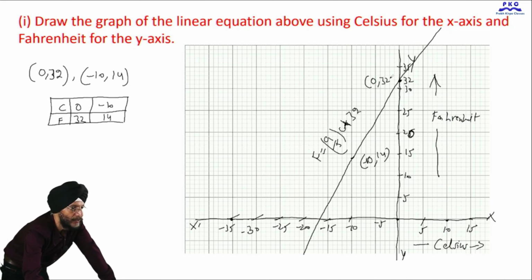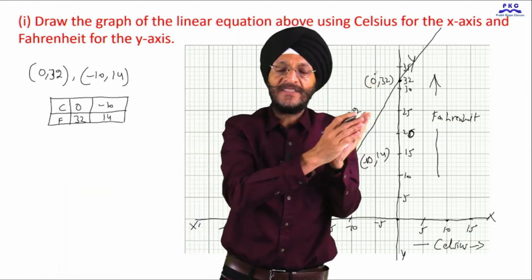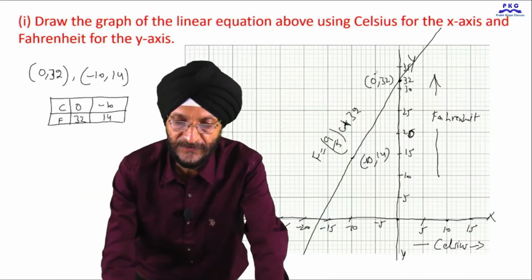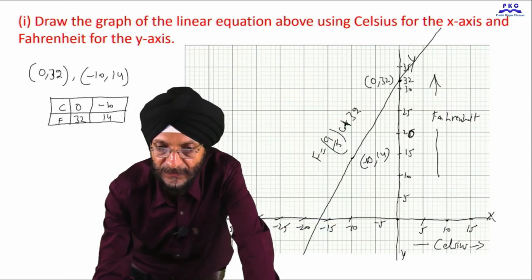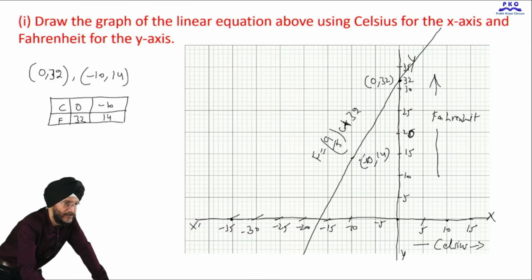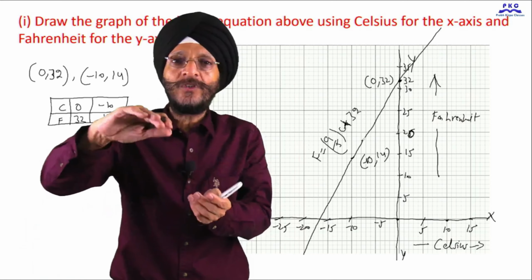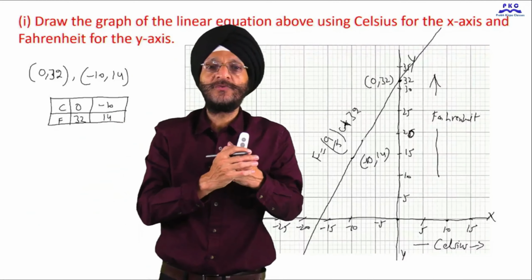And here at this point the value of Celsius is 0 and the value of Fahrenheit is 32. As already told in our earlier courses, the value of x is to be written first and the value of y after that. In this way, the value of Celsius is to be written first and after that the value of Fahrenheit. So we have formed the graph on the basis of two solutions which we had arrived at.